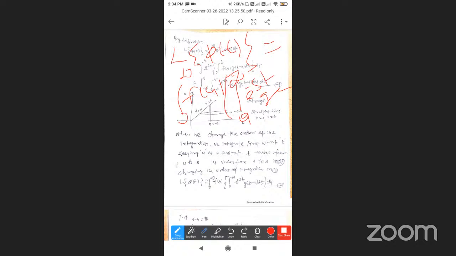So this is the change of order of integration, which we call equation number 2.